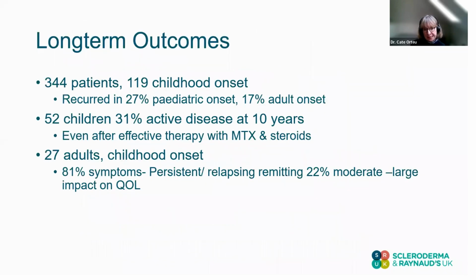So we not infrequently see patients who have been diagnosed in childhood and treated at Great Ormond Street, in my case, and then who come back later on in life with a subsequent flare of their disease. So this can happen, and it's important, therefore, that we keep patients on our books for quite a long time, at least 5 years after their disease has settled down, and sometimes longer.